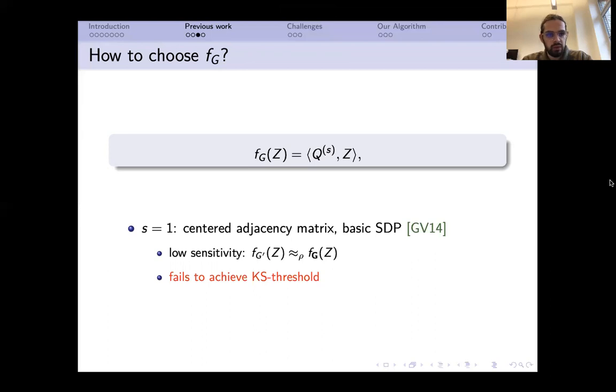An immediate consequence of this choice is that we have low sensitivity. So the objective value of some matrix does not change drastically if we only slightly perturb the graph. The problem with this is that even in the fragile settings, we cannot perform weak recovery at the Kesten-Stigum threshold, but we can only get constantly close to that.